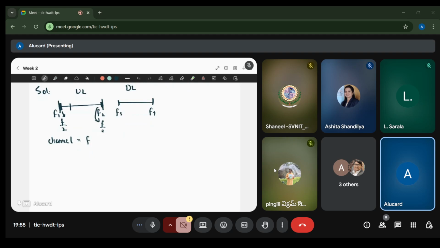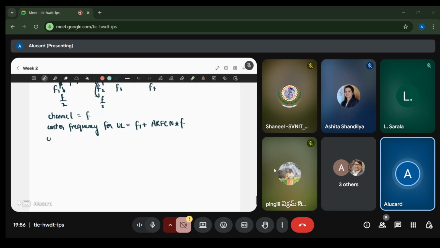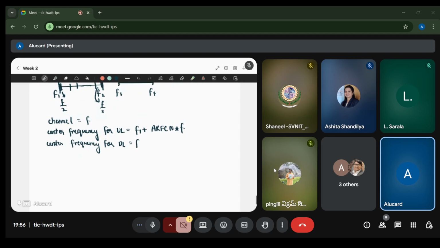Then, so this is divided into different channels, and then the center frequency for uplink will be your F1 plus the channel number ARFCN into the channel width, which is F. Similarly, center frequency for downlink will be F3 plus ARFCN into F.